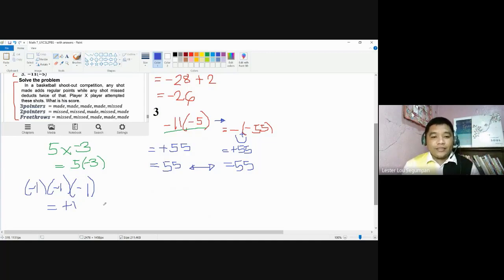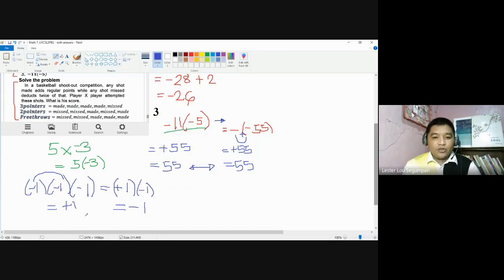Because if we do this step by step, let's multiply the first two terms. Negative times negative, multiplying same signs, so we have positive 1 times 1, 1, which is to be multiplied to the remaining negative 1. Now we are multiplying a positive number and a negative number. So our result is actually negative 1.